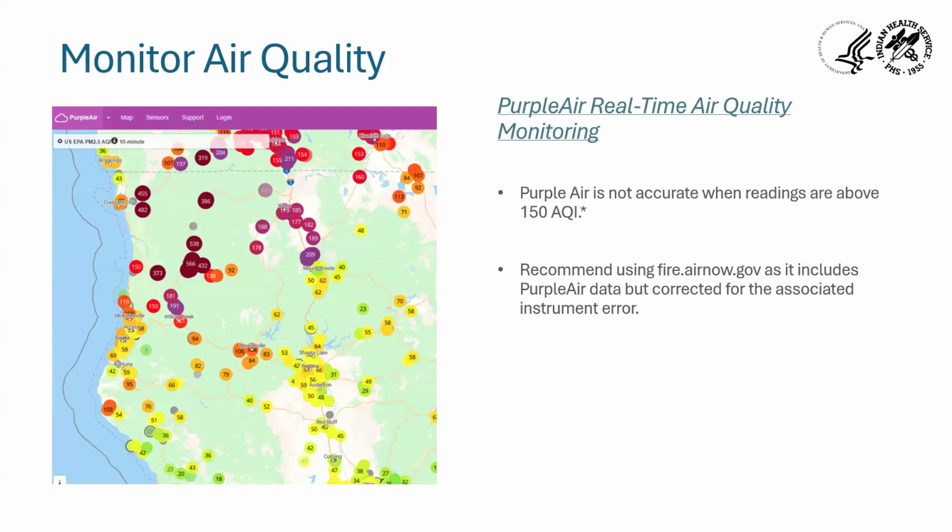The PurpleAir monitors were not accurate when the readings were above 150 AQI. So I always recommend now everyone just go to fire.airnow.gov because they take the data from the PurpleAir sensors, but they correct for the instrument error. So fire.airnow.gov is more accurate information to use now.